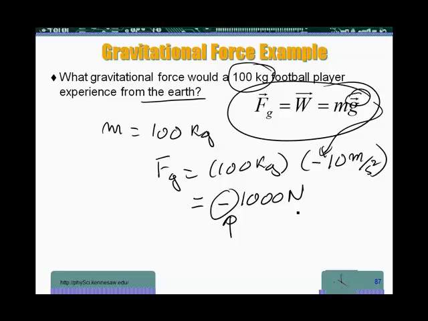So the force that the Earth exerts on the football player is 1 billion times as large as the force that the other football player exerts on him. Okay? Now, a billion, that's because this is 1,000 and the other one is a millionth.